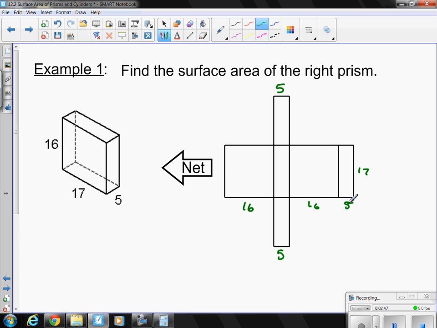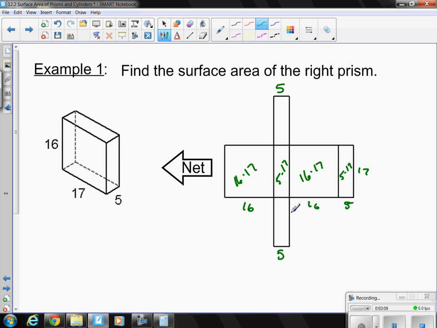So we could figure out the area of each one of these boxes by taking 16 times 17, and this would be 5 times 17. This would be 16 times 17 again. This is 5 times 17.